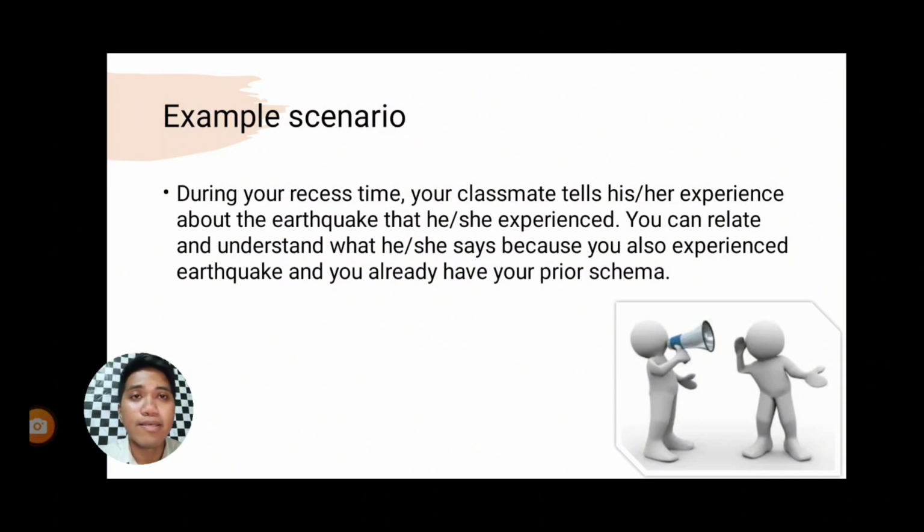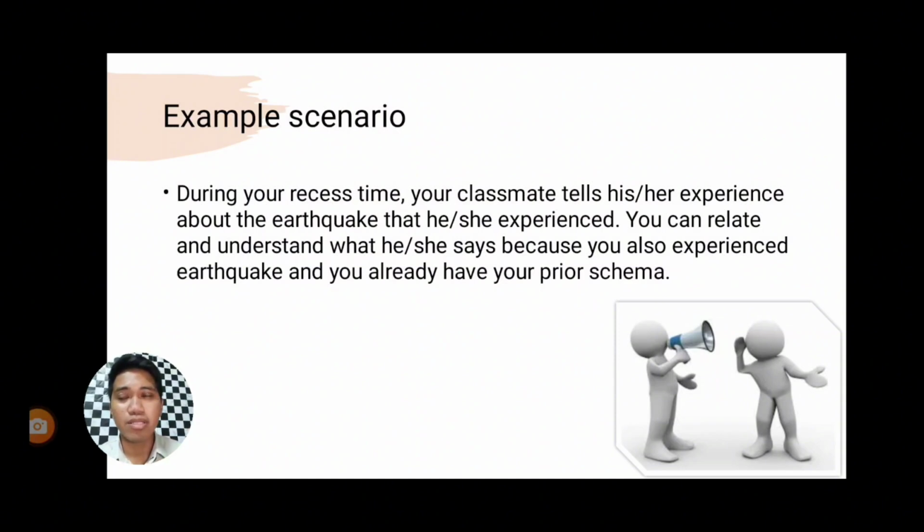So when your classmate is telling you the experiences that she or he had during the earthquake, using a top-down strategy, you are able to respond to his or her discourse, the way she or he tells you the story.